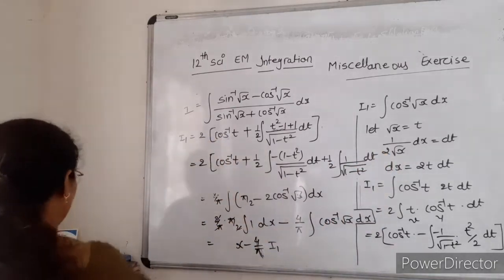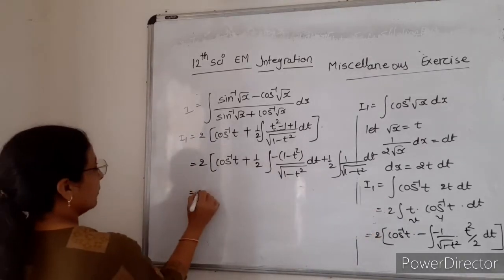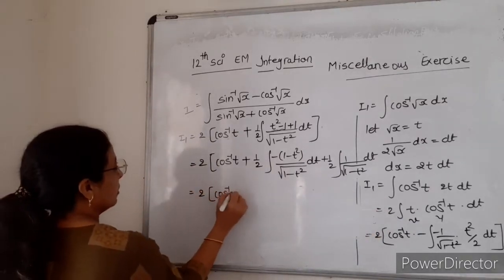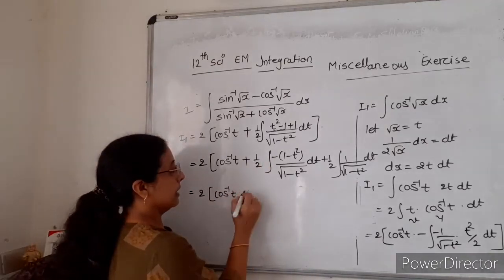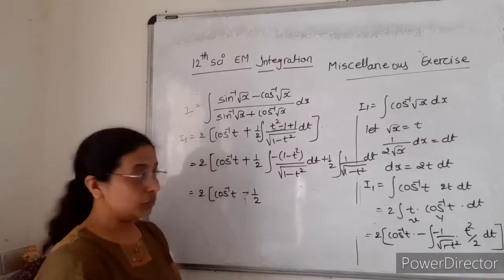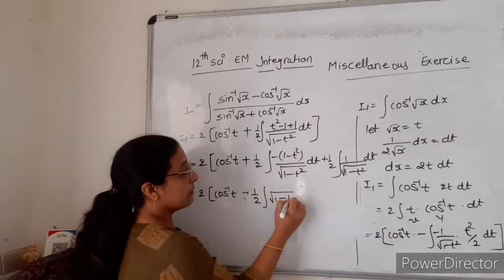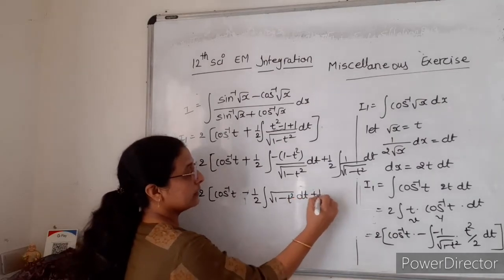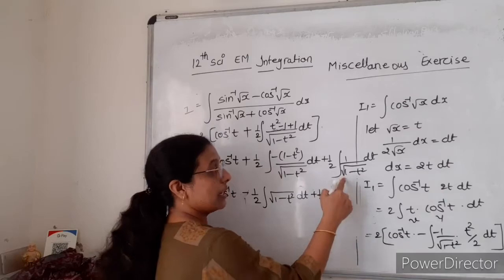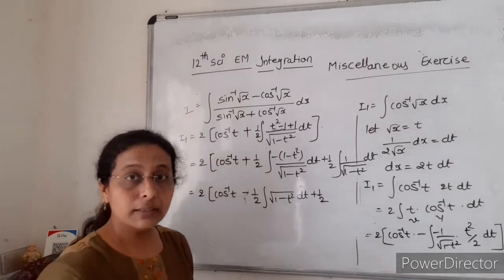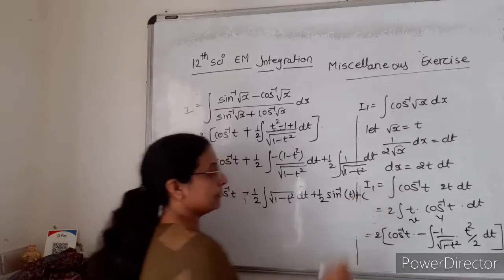Right? Okay. Now we integrate that. 2 cos inverse t plus minus 1 by 2. It is integration of root of 1 minus t square dt plus 1 by 2. This integration is under root of a square minus x square, and it will become sin inverse t plus c.